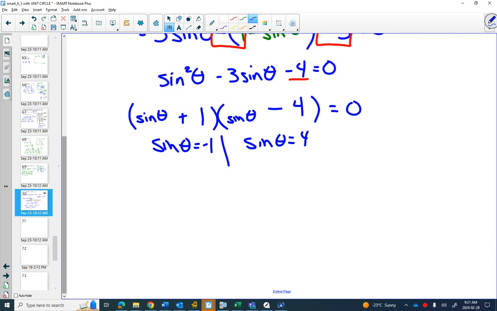Now, is sine theta ever -1 on your pi plate? Yes, that happens at 3 pi over 2. They would give you a full mark for this, because this is new. This is a non-calculator question, so we run into a problem. It's a non-calculator question, and 4 is not on your unit circle anywhere.